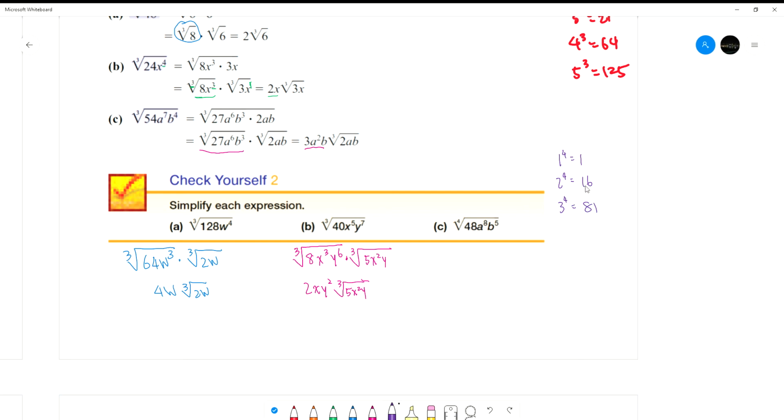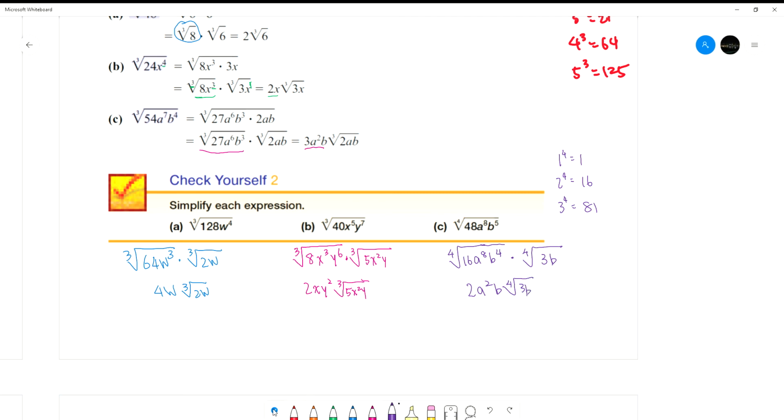So I see 16 is the largest fourth power. So I get fourth root of 16, because it's 16 times 3, and then multiples of 4. So this is a to the eighth, b to the fourth, times the fourth root of 3b. This is actually 2a squared b times the fourth root of 3b.